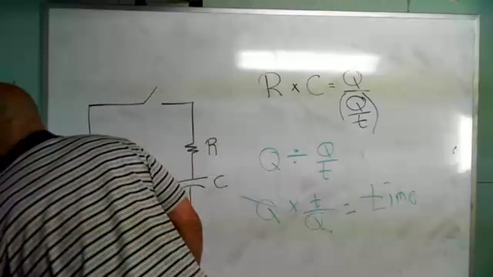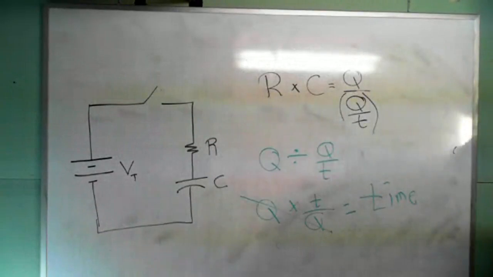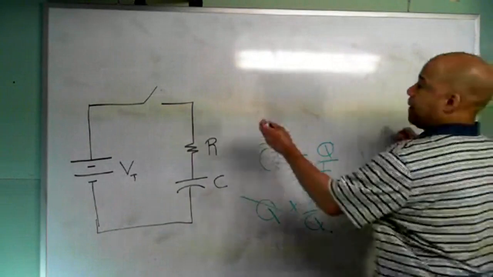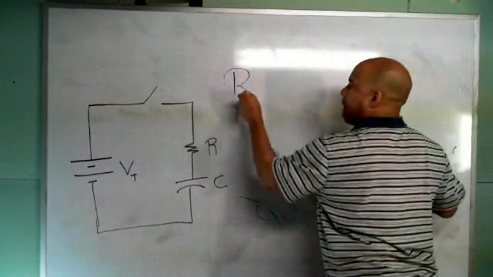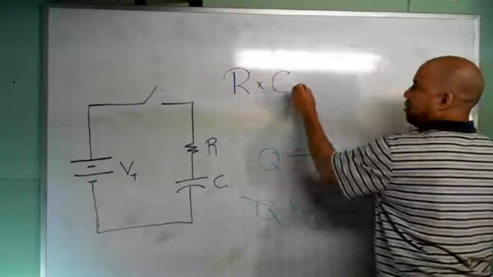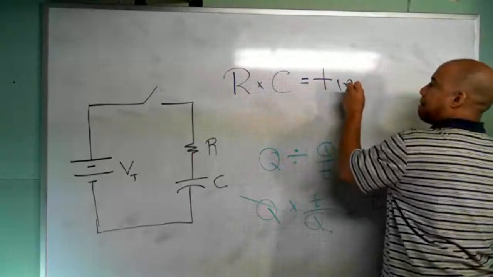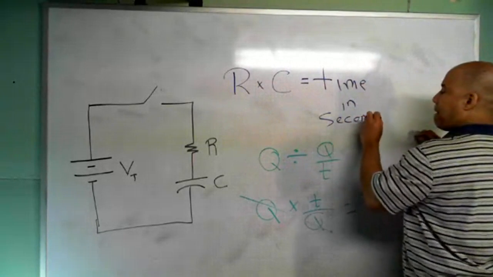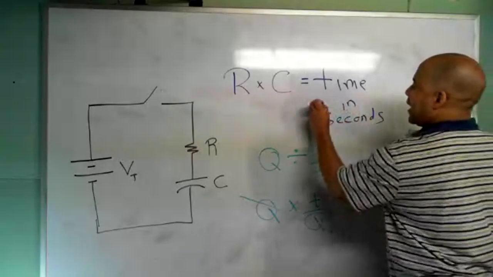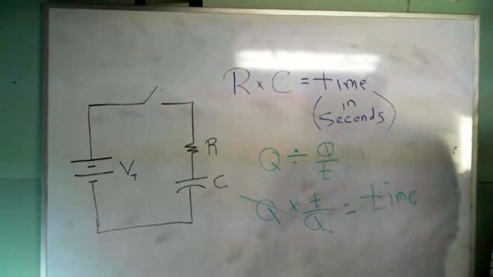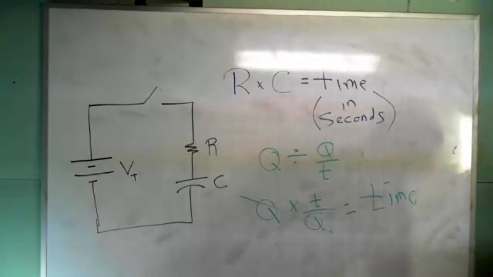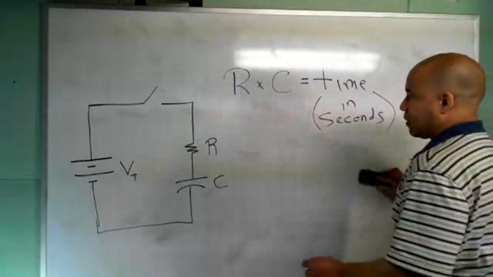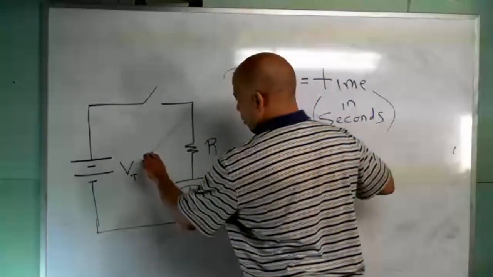So what are we saying? Well, what we're saying is, when I take the product of R times C, what I get is time in seconds. So for example, let's say that this resistor value is 1 megohm.